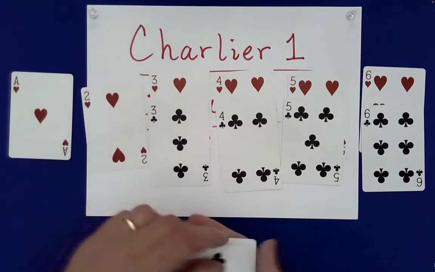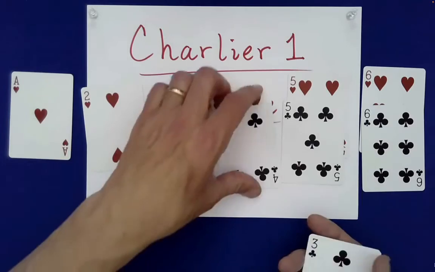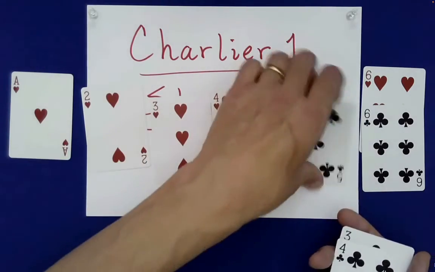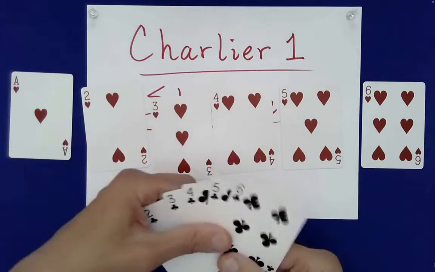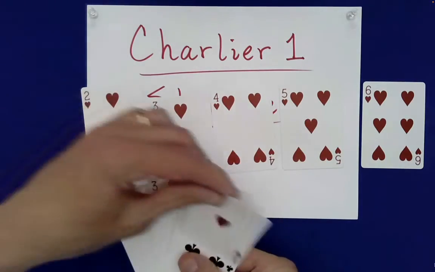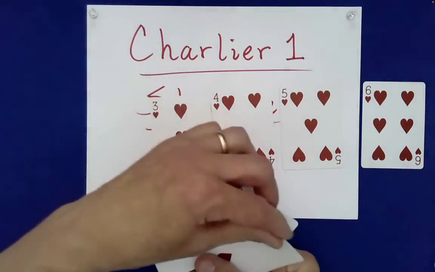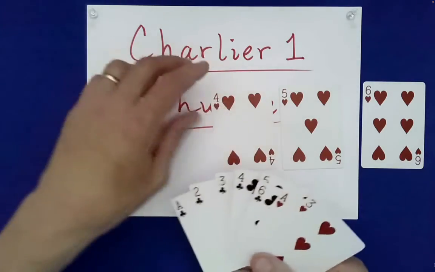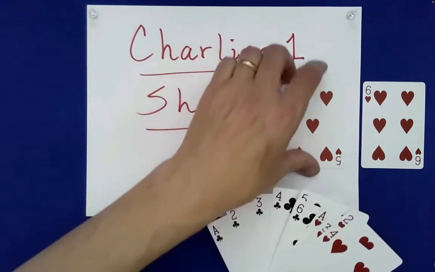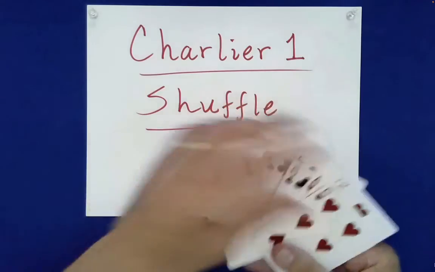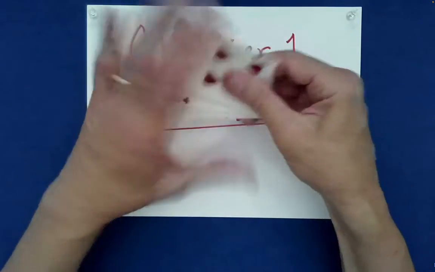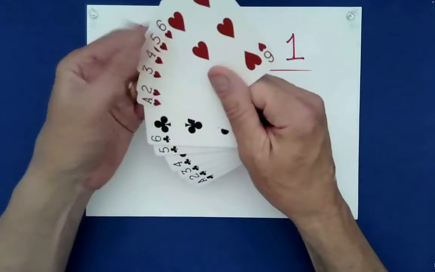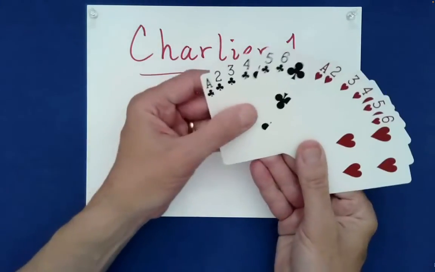Okay, it was cyclic, actually. So I just had ace through 6 on top, and then I had that same pattern for the bottom half. Same pattern. Okay, so this is cyclic. And so if you think about it, a Charlier 1 will cut the packet in half.